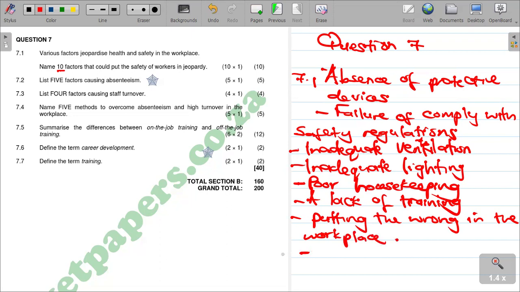And also it might be lack of enforcement of safety.